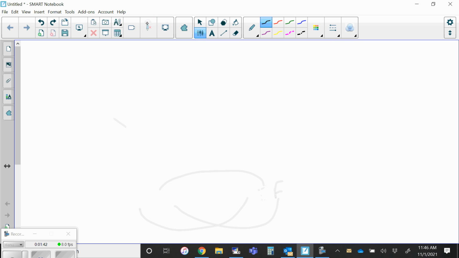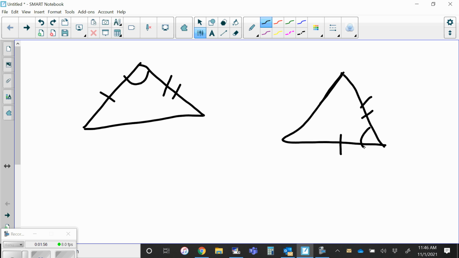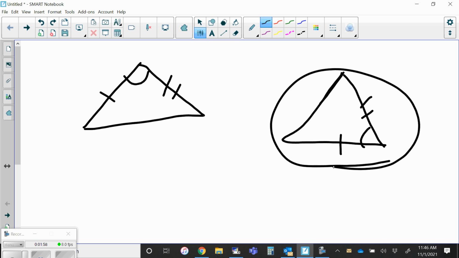So like if someone gave me a triangle that looked like this, right? I would take this second one and redraw it so that it looked like that.